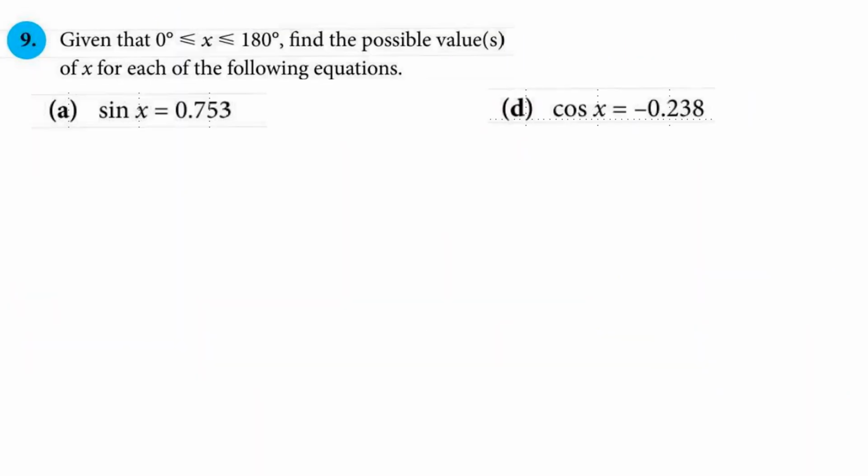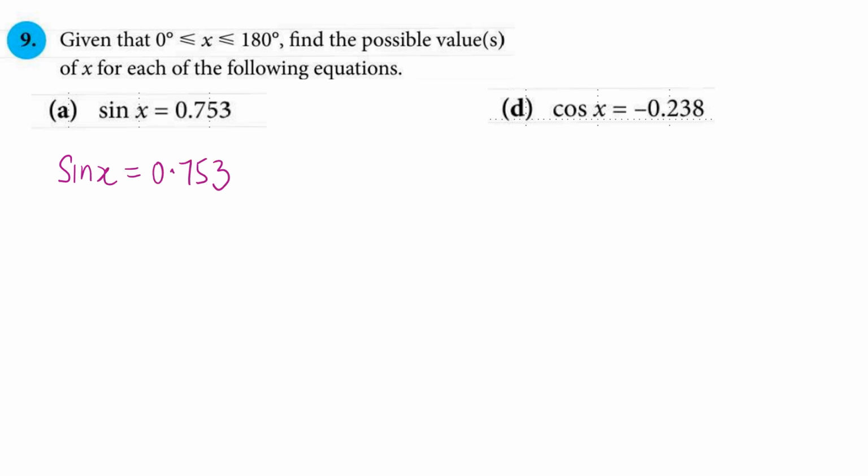All right, let's look at another possible kind of O-level question. You are told that angle x is between 0 and 180, referring to the first and second quadrant. You're given the value for sine x to be 0.753, and you're supposed to find the possible angles of x, the angles that will give you this ratio 0.753.